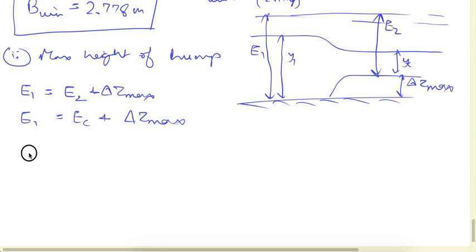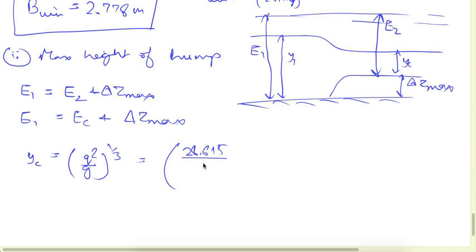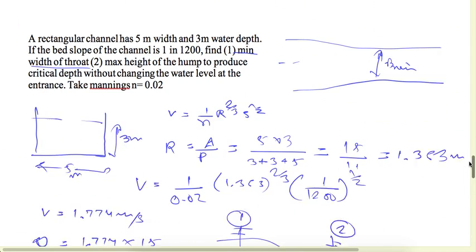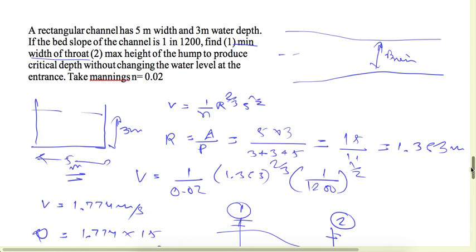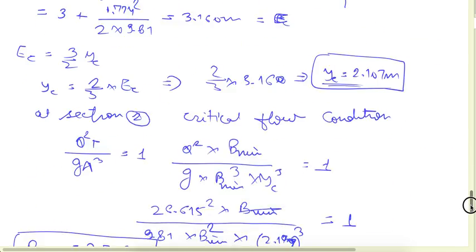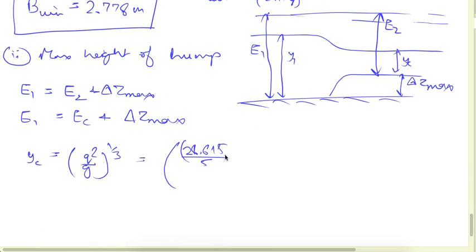So for EC, first of all, YC is equal to q square upon g to the power 1 by 3, and q, small q, we know is 26.615 divided by width of the channel, which is 5 meter. Here it was 5 meter, square divided by 9.81 to the power 1 by 3.